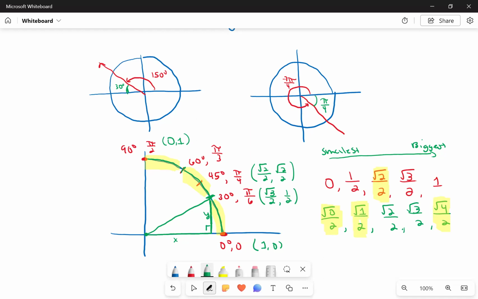Let me do that up here at the 60-degree angle or pi thirds. Drawing that right triangle right here, in this case, the side that's on the x-axis is definitely shorter than the side that's on the y-axis.